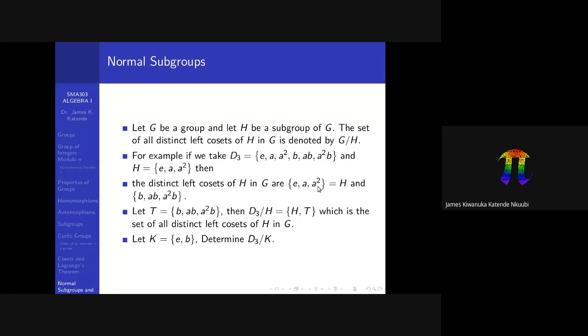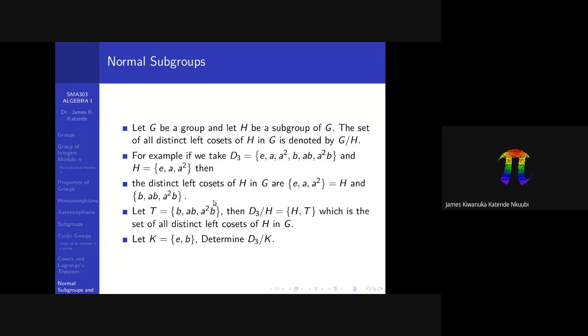There is H itself, since one of the left cosets will always be the subgroup, and then the other left coset was {B, AB, A squared B}. We did this earlier and saw that these are the only two distinct cosets of this subgroup H in D3.